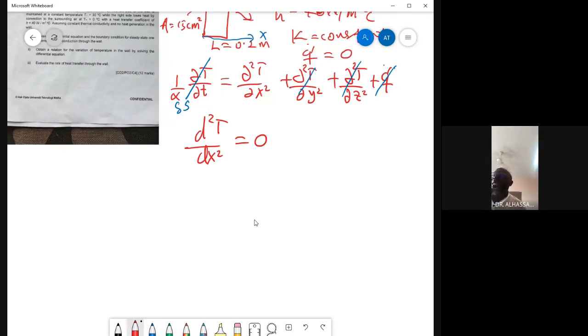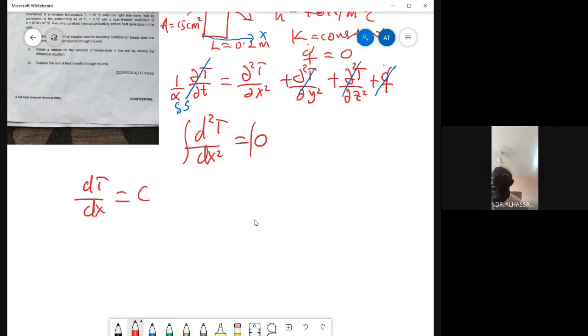Now we have to integrate both sides. So integrating this gives us dT over dx equals a constant.